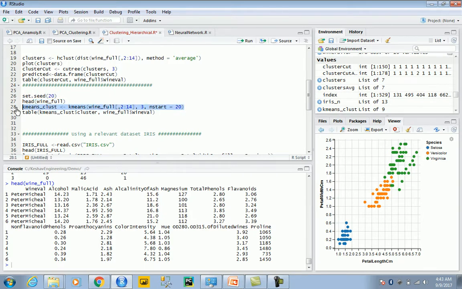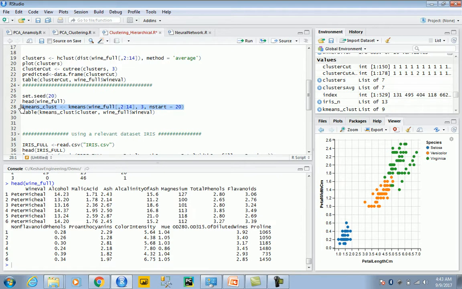This command triggers the clustering. It accepts all the attributes of the content apart from the wine val, which is actually the wine variety. It picks the rest of them, columns 2 to 14, defines the 3 clusters, and does a k-means clustering, picking the first 20 randomizations.